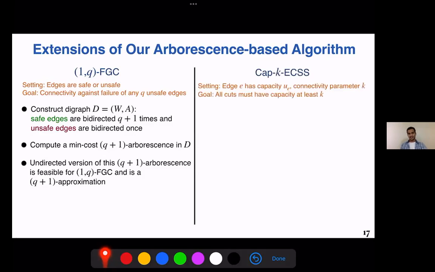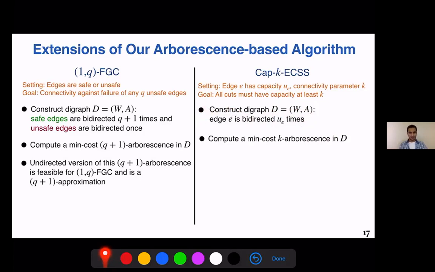And for the capacitated k-ECSS problem, the auxiliary digraph that we construct will have u_e many, the capacity many, copies of bidirected arcs for each edge e. And we'll compute a minimum cost k arborescence in this auxiliary digraph. The undirected version of this k arborescence will give us a feasible solution for the capacitated k-ECSS problem.